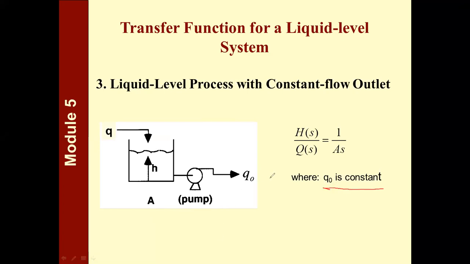So when you derive the transfer function, which I will leave to you as an exercise, you will have a very simple transfer function relating H of S to Q of S. It is 1 over the product of A S only, and that's only for this case wherein your volumetric flow rate from the tank is being regulated by a pump.